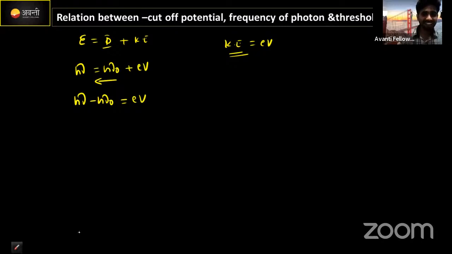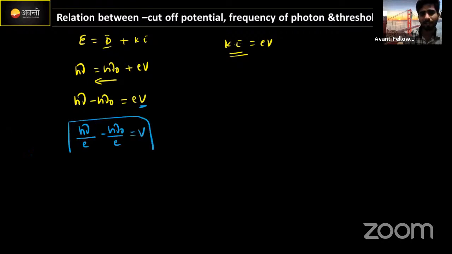Now I told you that if they are asking to find the value of potential, send e to the left hand side. Then we get h nu upon e minus h nu naught upon e is equal to potential. Correct now?